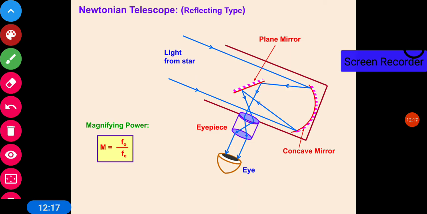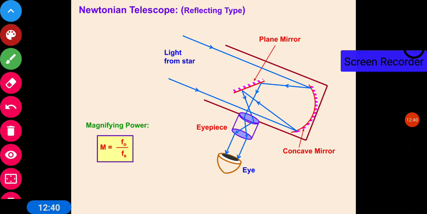So the basic difference between the Newtonian telescope and the astronomical telescope is that in the Newtonian telescope we are using a big concave mirror and a plane mirror. Using these two mirrors we make the image formed by the objective at a required place, and the magnifying power m is equal to FO upon FE.